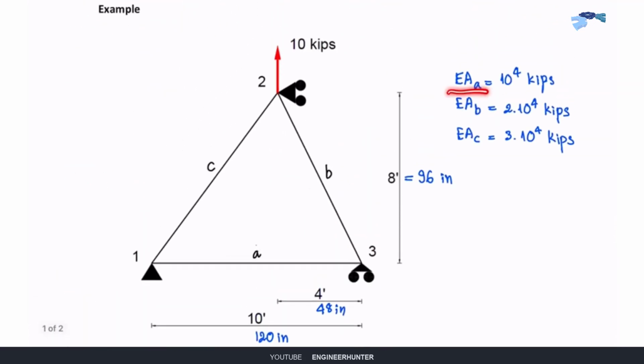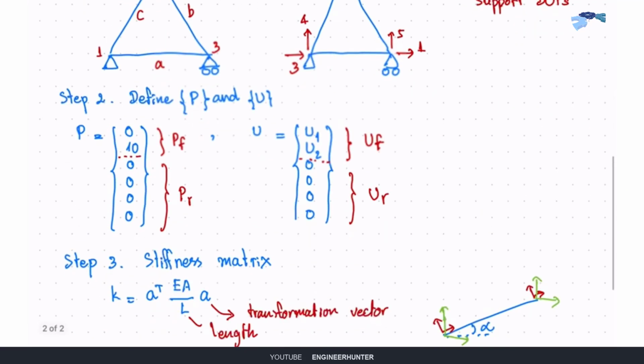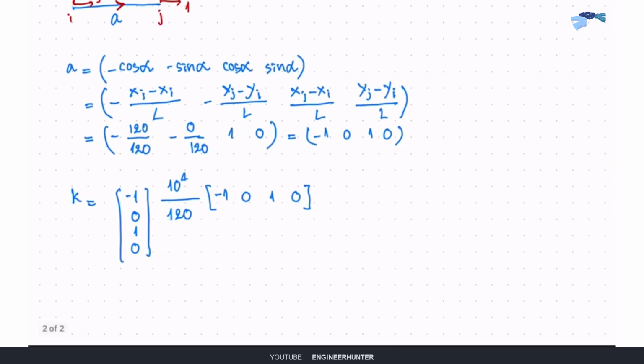We get the EA from this one. The matrix here will be 4 by 4. So I already calculate this.